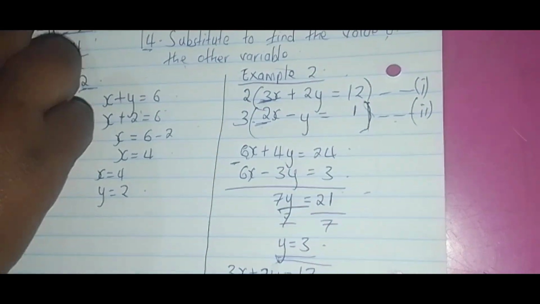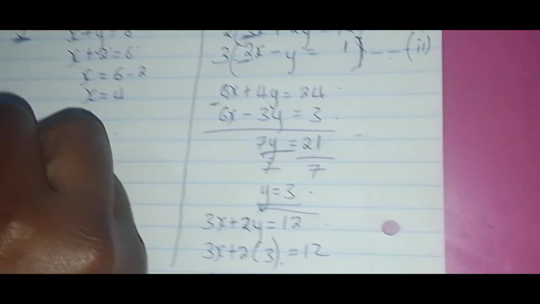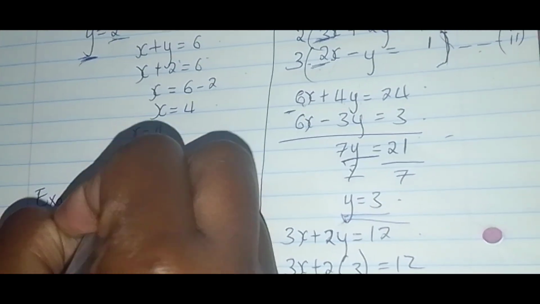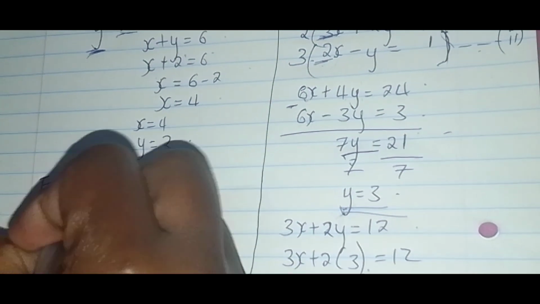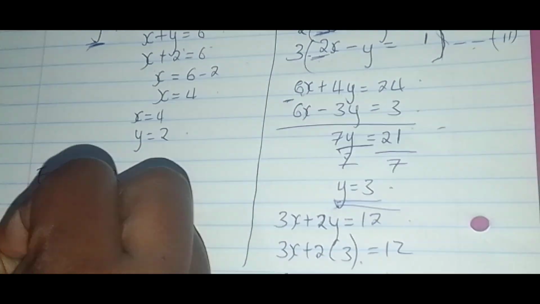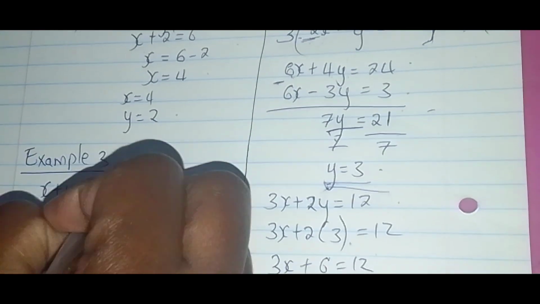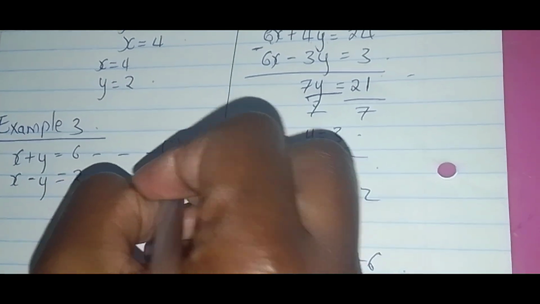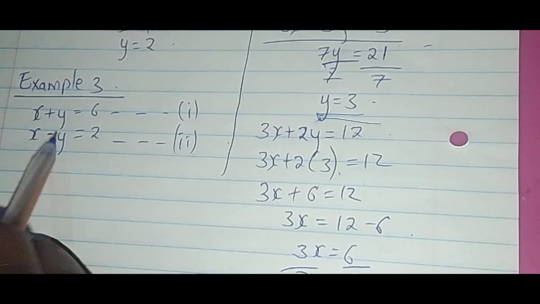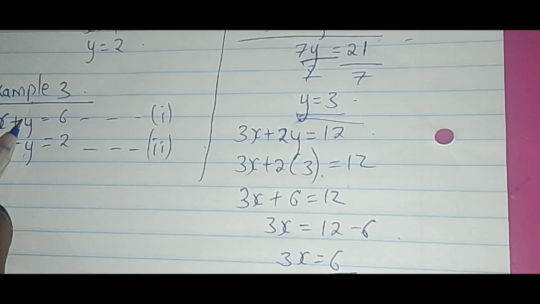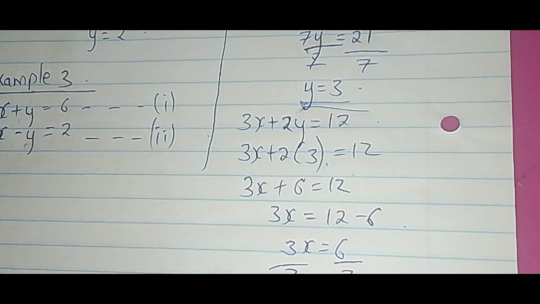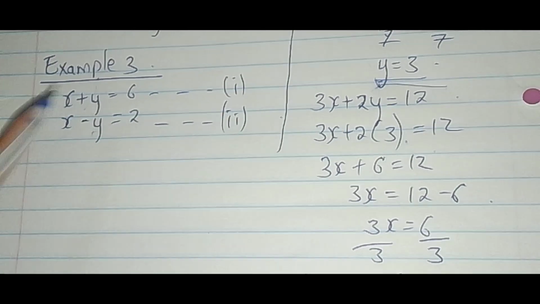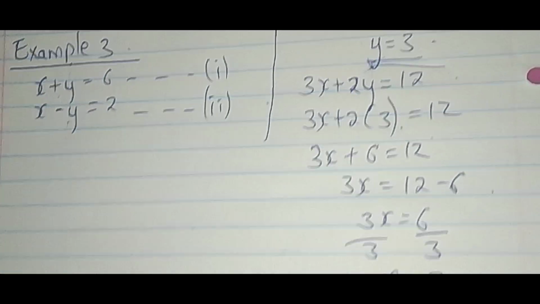So for our third example, we are going to use our first example, but now we will need to make the y variable the same. We are not just going to use the x variable as in our first example, but we are going to use the y variable.